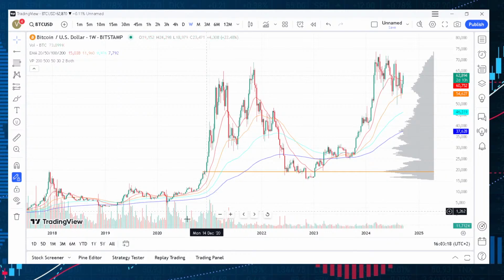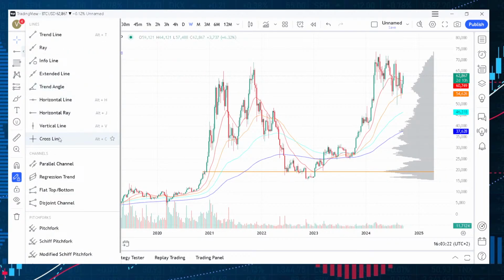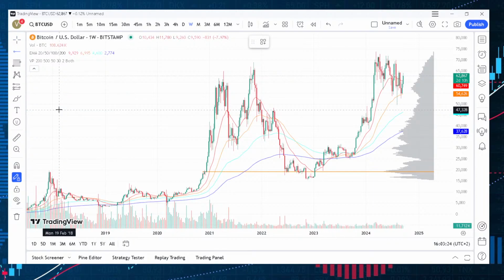Today I want you to understand, first of all, that you have two tools, right? You can use the rays or the lines, it doesn't matter. You need horizontal lines and trend lines in order to tell where dynamic support is and where it could be moving next.